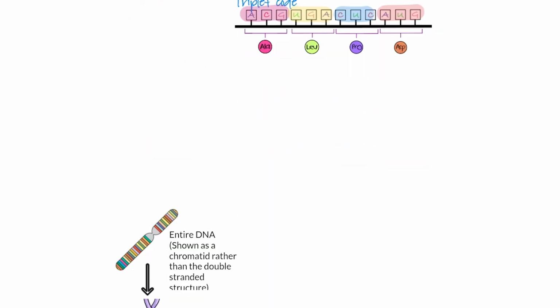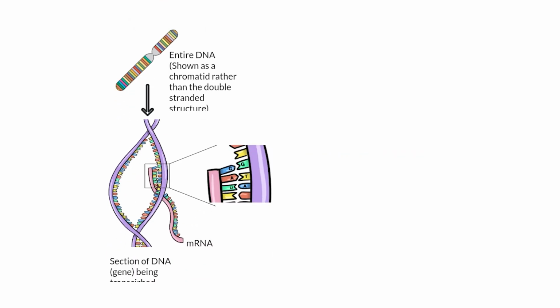polypeptide. Now, during the process of transcription, an mRNA molecule is made using DNA. This mRNA is going to have a complementary sequence of nucleotides to that which is on the DNA strand. So, for example, this triplet code on the DNA will be transcribed to a complementary codon on the mRNA. Both this triplet code and this codon encode the same amino acid.